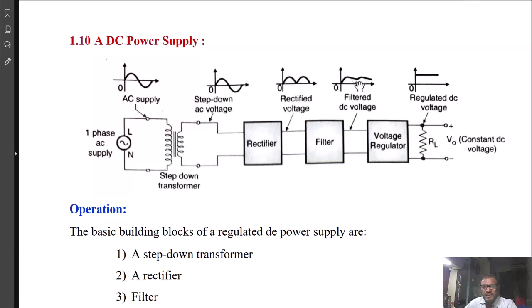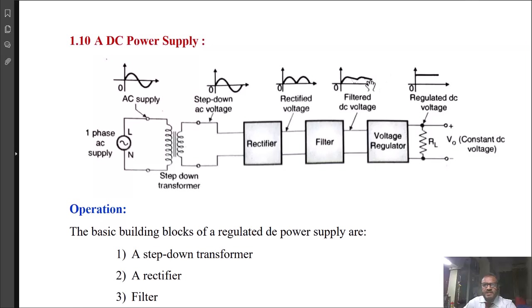Due to this action, the average DC value is passed at the output of the filter and ripple is much reduced compared to the output of the rectified signal from the rectifier. But still, there is a significant variation in the DC voltage here.